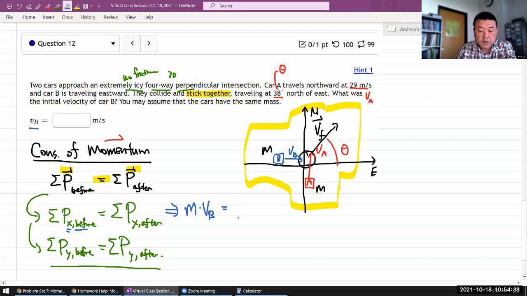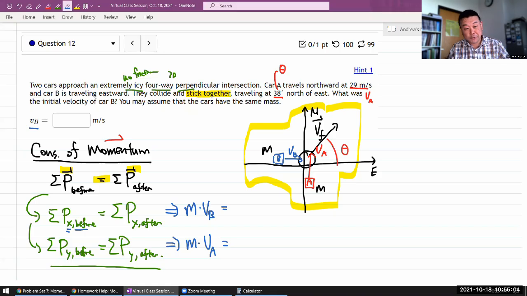That's equal to, I'll write the right-hand side after. Let me just do the before picture first. So the total y momentum before, only car A is moving in the y direction. So I'll say mass of A times its speed or velocity. It's going in the plus y direction. So that's the total y momentum before. Nothing else is moving in the y direction.